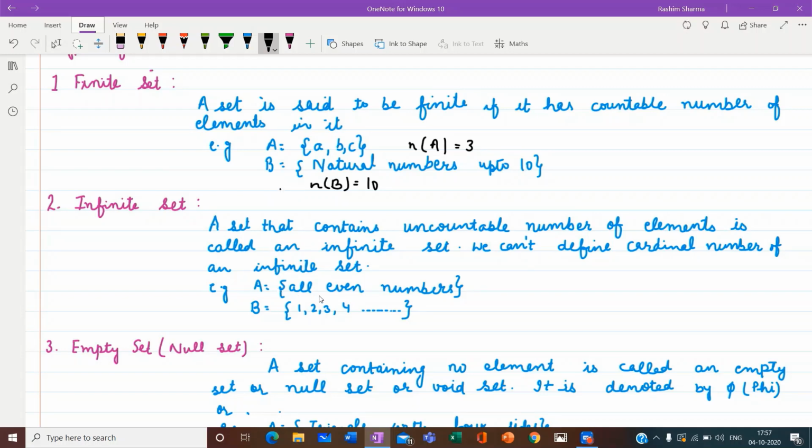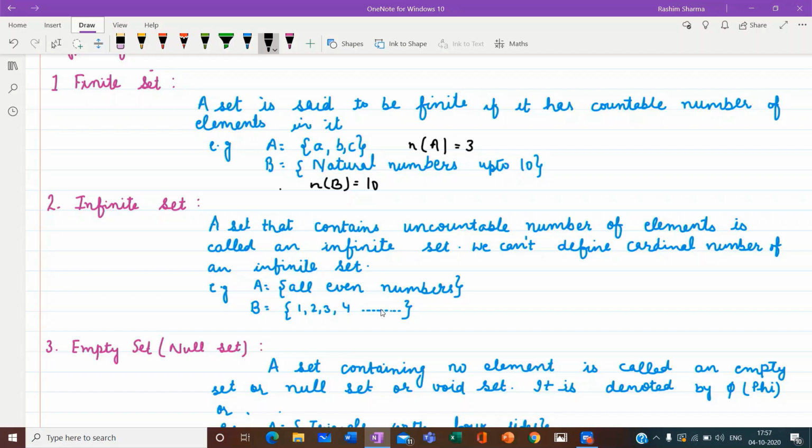Set A is a set of all even numbers. Now we have uncountable even numbers, so it is an infinite set. Another example: B is a set with elements 1, 2, 3, 4 and so on. When there is no limit, it means it is an infinite set. So these two sets, A and B, are infinite sets.